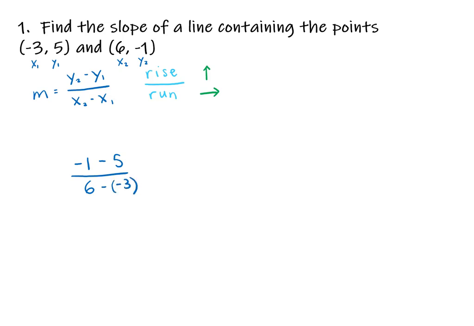And you have to be careful that when you put this up, you put parentheses around any negative numbers that follow a minus sign. So I get -6 over 6 plus 3. That's -6 over 9, which you want to reduce, and we're going to call that -2/3. So my slope is -2/3.